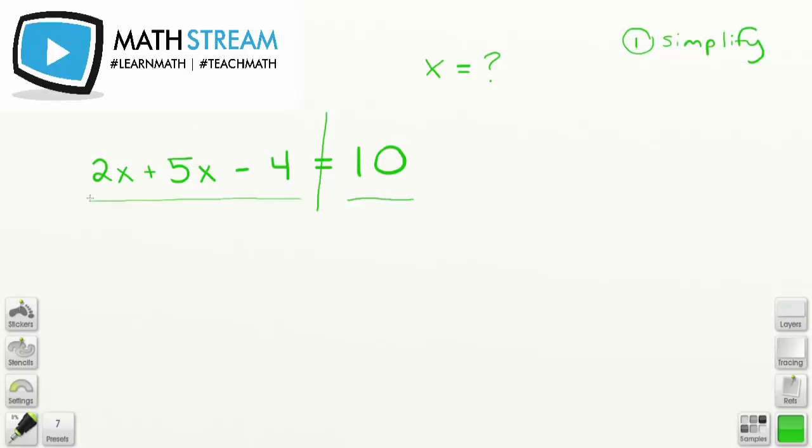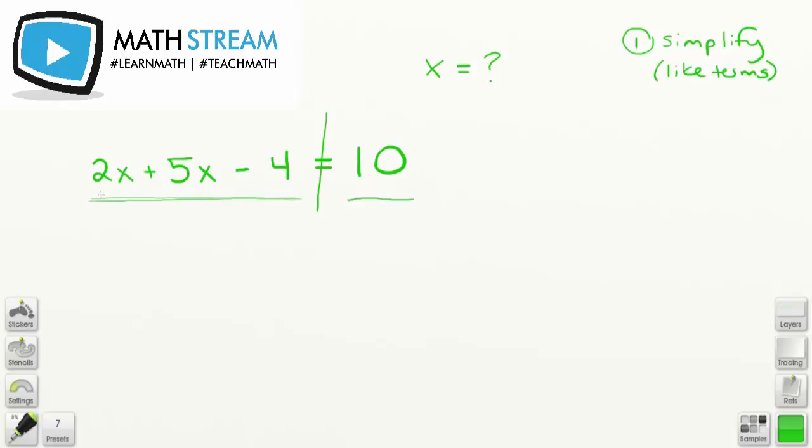However, over here on the left, this is all one side of the scale, so anything that can be simplified, I really should simplify. That means putting like terms together, and maybe I should actually write that. Simplify means let's put like terms together, or combine like terms.